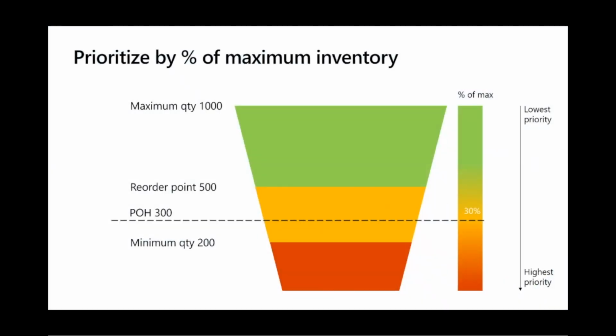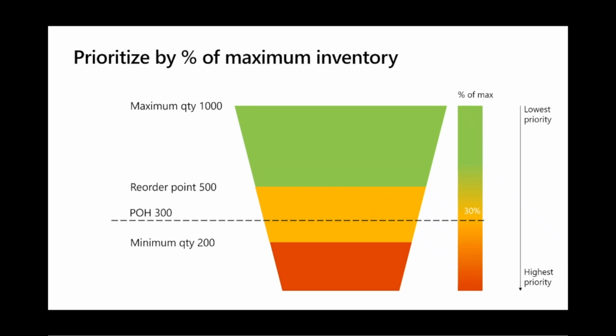Now let's dive deeper into the prioritization methods that are available, which we saw when we were setting up the planning priority models. The first method is to prioritize by % of maximum inventory. So taking this example that we covered at the beginning, where my warehouses have a minimum of 200, a reorder point of 500, and a maximum of 1,000.